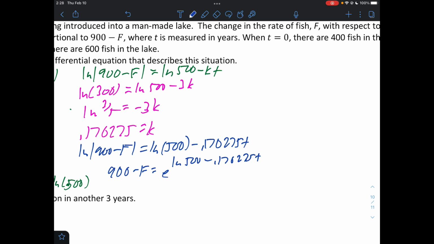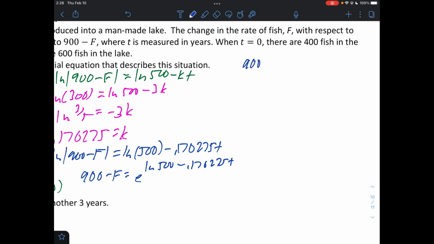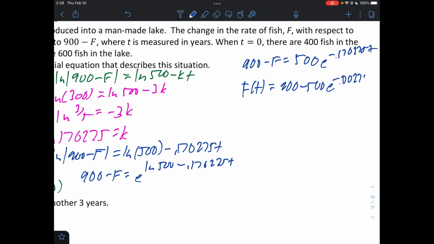If we split that and simplify, we get 900 minus f equals 500, because e to the ln 500 would be just 500, and then e to the negative 0.170275t. And if we solve that for f by adding and subtracting both sides, we would get f, which we can call f of t, equals 900 minus 500 e to the negative 0.170275t.